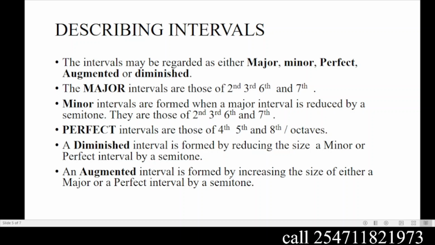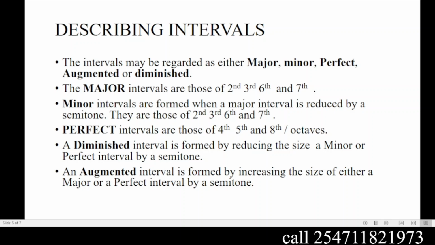And then we have diminished intervals. Diminished intervals are formed by reducing the size of a minor interval or a perfect interval by a semitone. So if you reduce a perfect interval by a semitone, it becomes a diminished interval. When you reduce a minor interval by a semitone, it becomes a diminished interval.